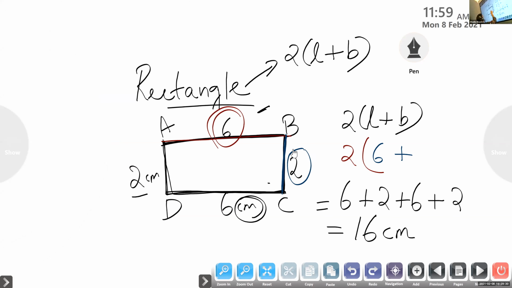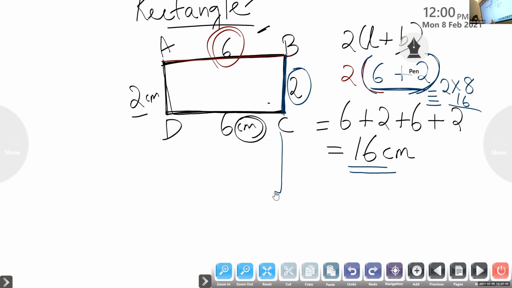Look here. 2. If it is a bracket, we do the calculation inside the bracket first. What is 6 plus 2? 8. So we write 2 times 8. What is 2 times 8? 16. So whether we use the formula or just add, we get the same answer.